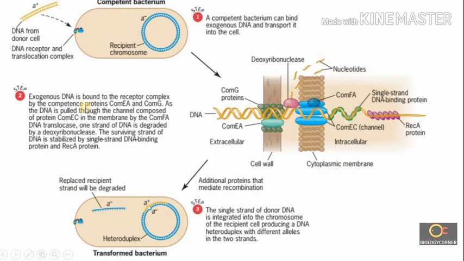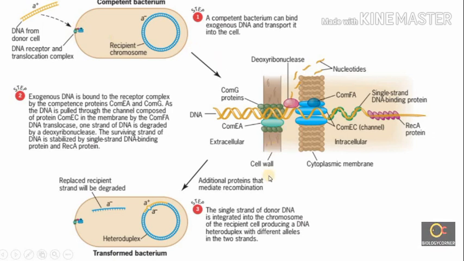Here in this diagram, you can understand the process of transformation and the role of these competence genes and their products, competence proteins, in the absorption of free DNA from the environment. At the surface of the bacterial cell, there is a cluster of proteins present. You can zoom into this cluster here in this diagram.